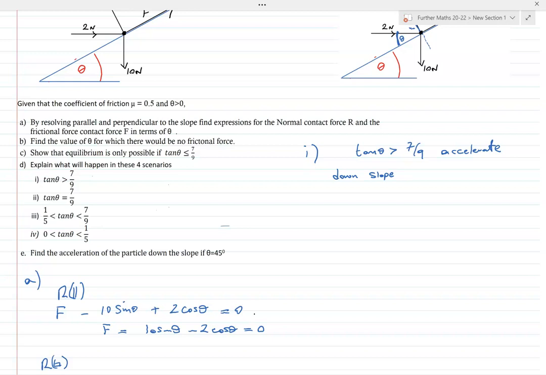So hopefully the next bit is fairly intuitive as well now, because this is like the boundary, if you like, between staying in place and moving. It's on the point of moving down slope.